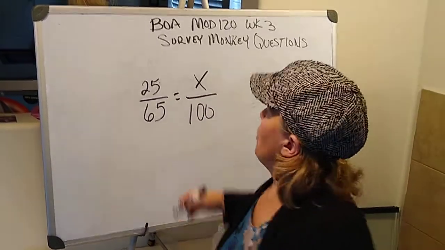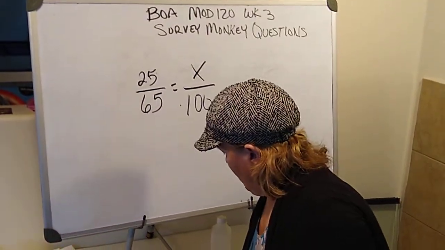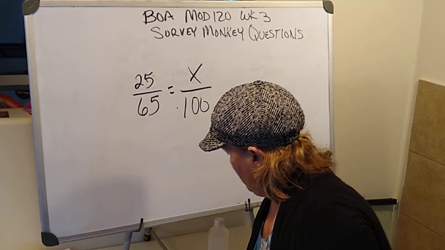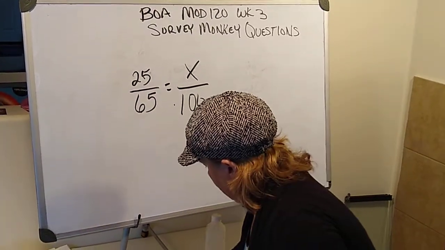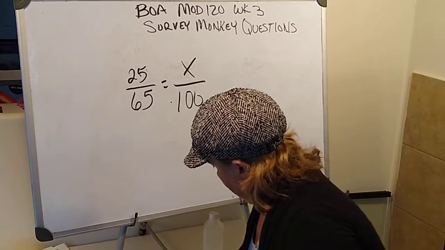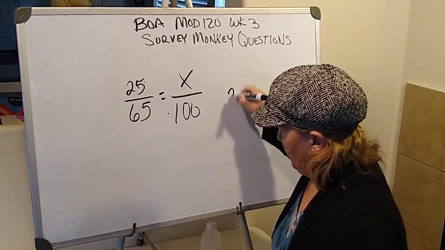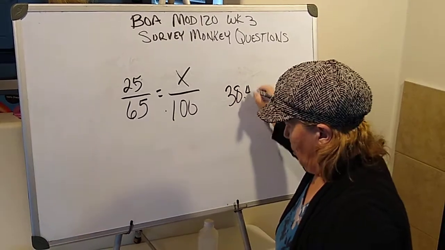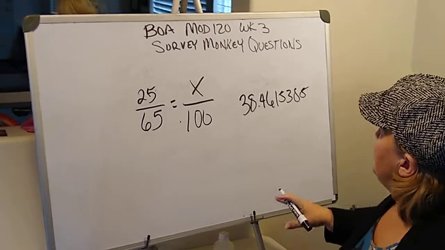Okay? So, cross multiply. 25 times 100 equals, and then divide by what's left. Divide by 65 equals. And I get a number like this. 384615385. Now what do we do with this?